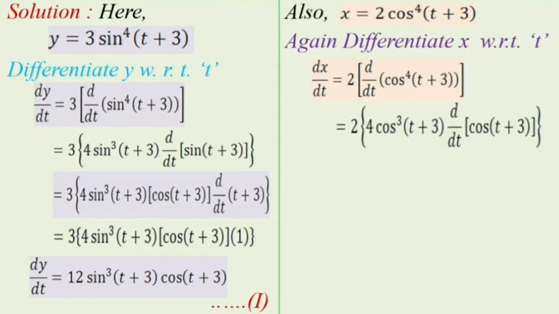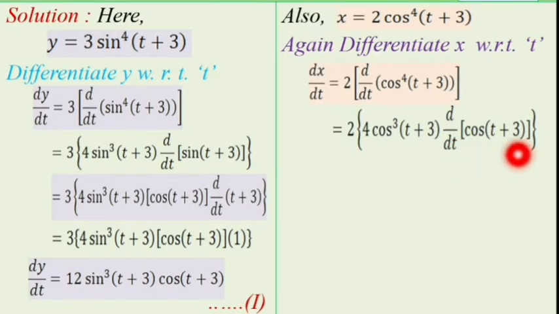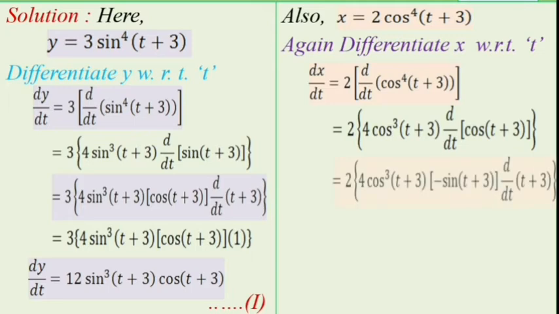Therefore we can get, again we have to take here the derivative of cos of t plus 3, therefore dx by dt equal to 2 into bracket 4 into cos cube t plus 3 as it is into the derivative of cos of t plus 3, that is minus sin t plus 3, into again by composite rule d by dt of the inner function, that is t plus 3.